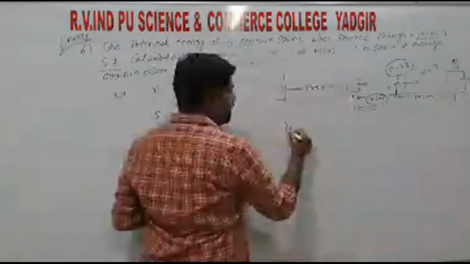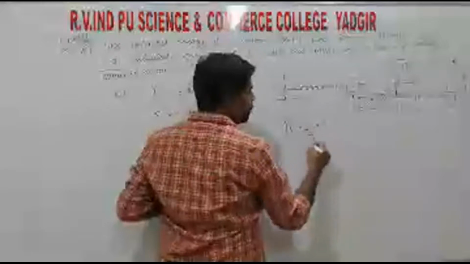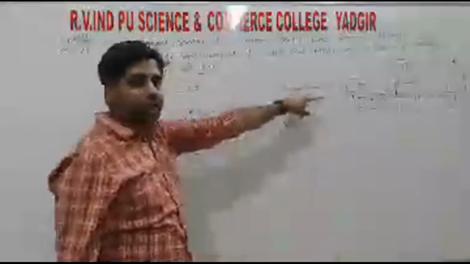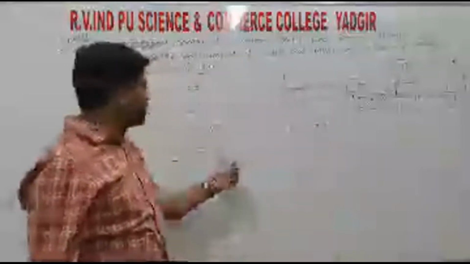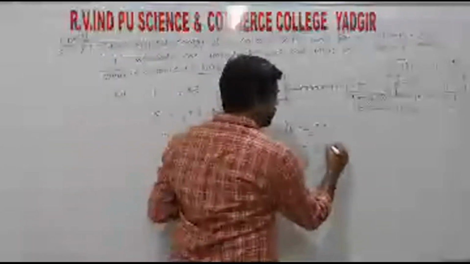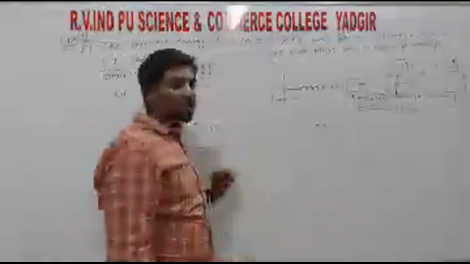So Pf is equal to half kx square. The spring constant value is the same, since the spring is the same in both cases. So 1 by 2 into 10 power 3 into, and x value changes.